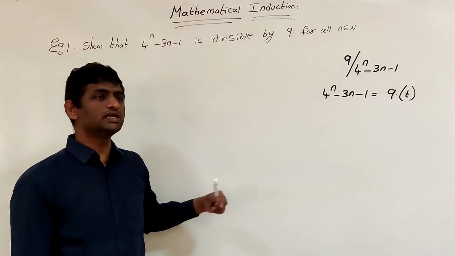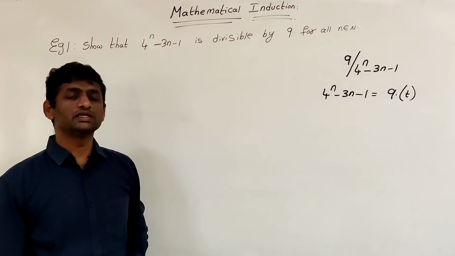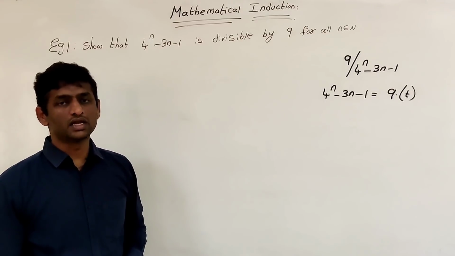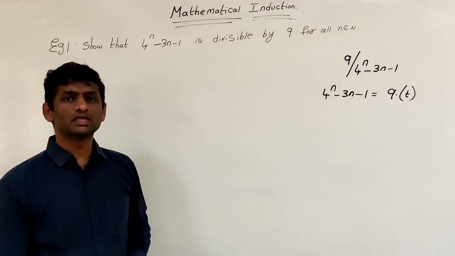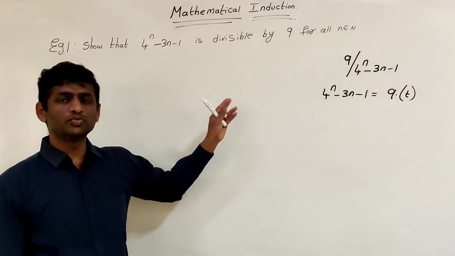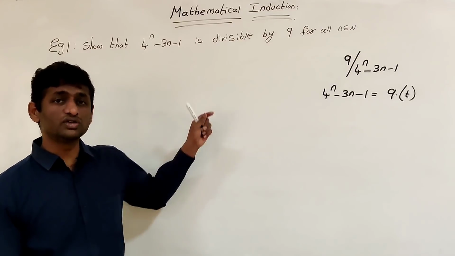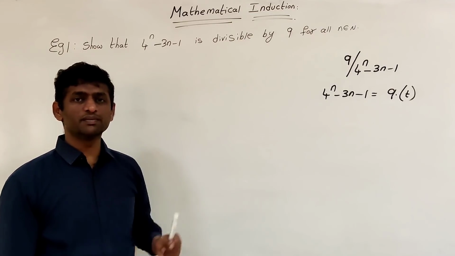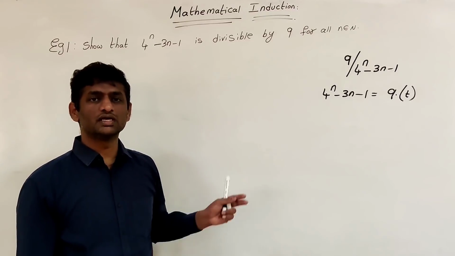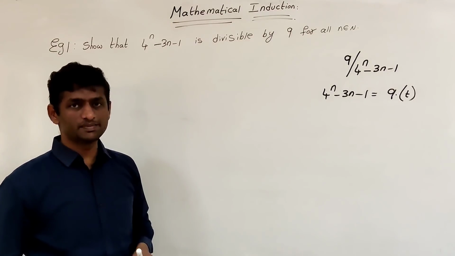Now we have to prove that 4 to the power of n minus 3n minus 1 is divisible by 9 by using mathematical induction. And we remember that in order to prove by mathematical induction, we have to go through 3 steps: the basic step, the inductive hypothesis, and the inductive step, where we prove for k plus 1.